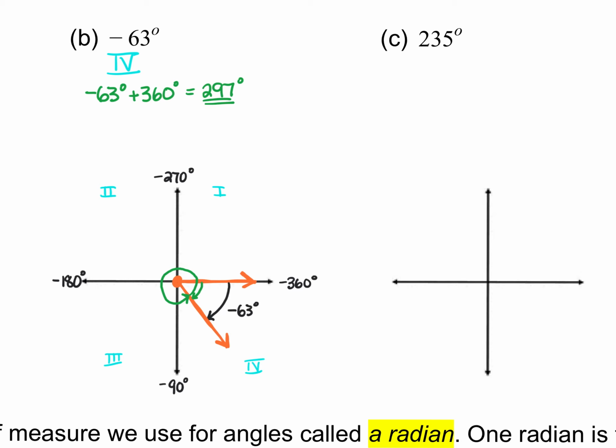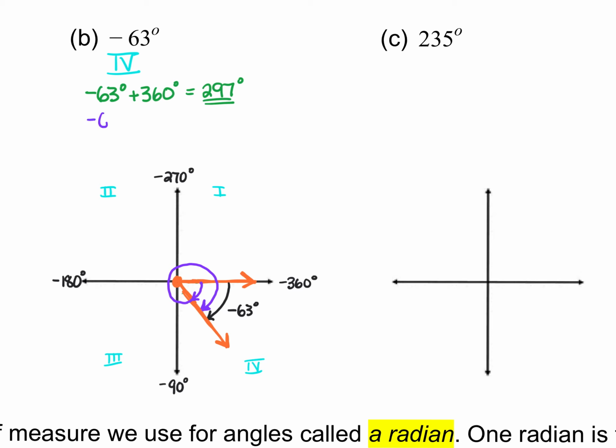Now I'm going to do the same thing to find a negative coterminal angle. Again, I start out rotating to the angle that I'm trying to find a coterminal angle for. This time I'm finding a negative coterminal angle, so I'm going to continue rotating in a negative direction, one full rotation past the original angle, and then I end up back where I started.